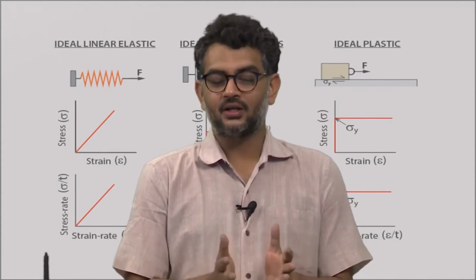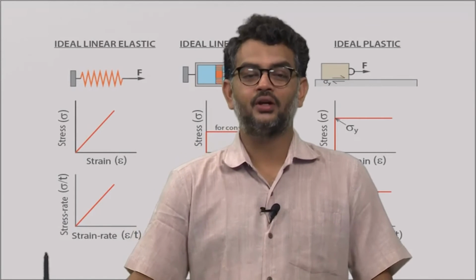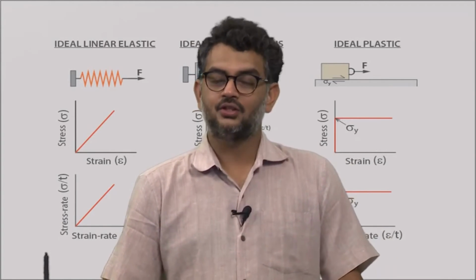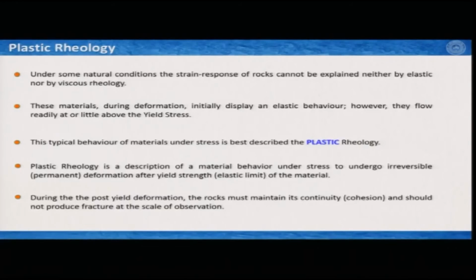So, under some natural conditions, as I was talking about, the strain response of rocks cannot be explained by either elastic or viscous rheology. And these materials are extremely typical. During deformation they initially display an elastic behavior, however, after a certain point they flow readily at or a little above the yield stress.